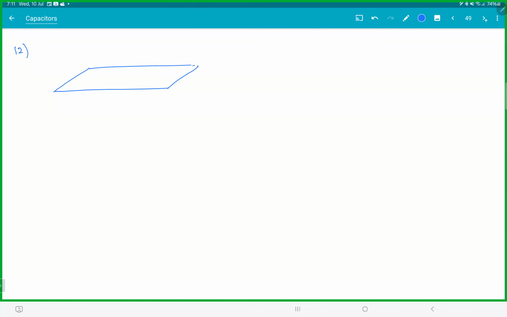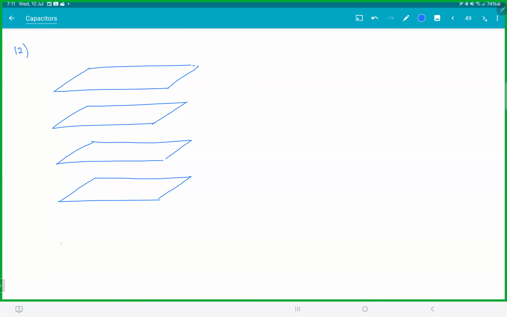We have a plate. So there are 5 plates like this.